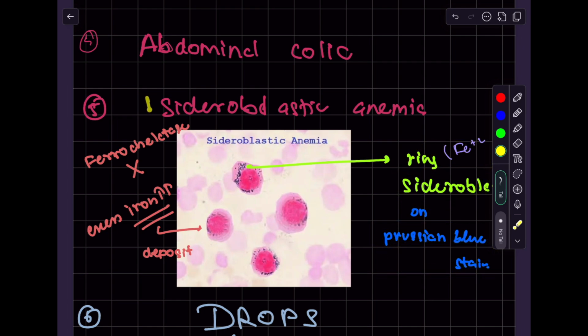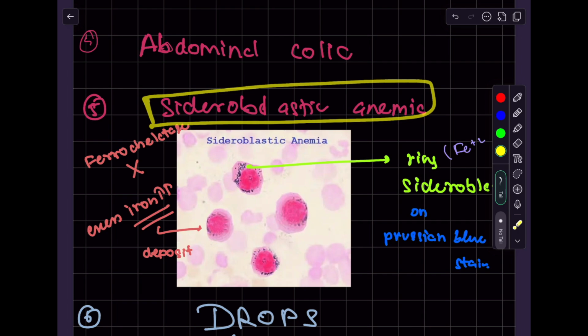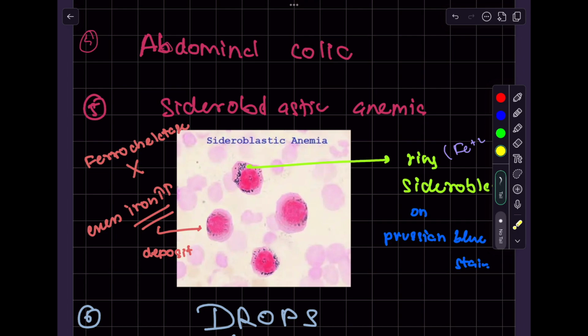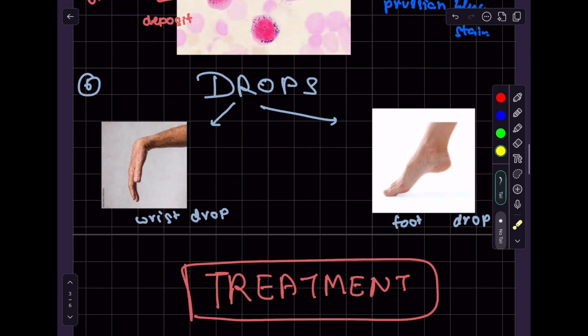Thus, there is anemia because of reduced heme production, and the iron deposition leads to sideroblastic anemia. And lastly, lead poisoning also leads to wrist drop and foot drop.